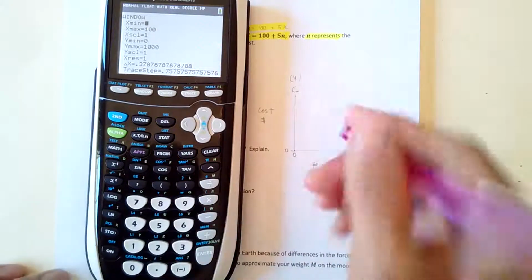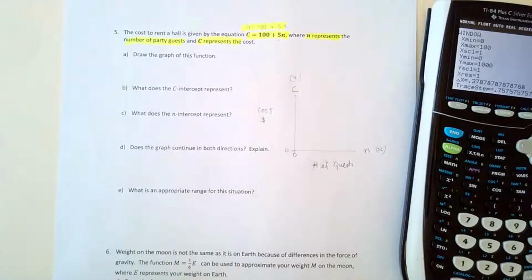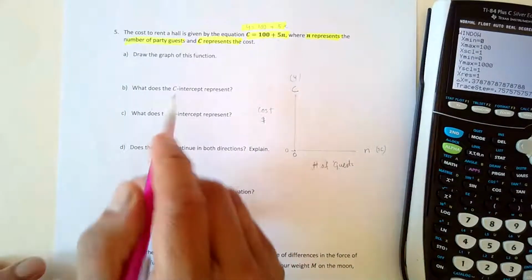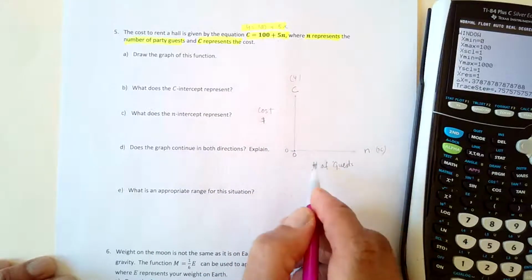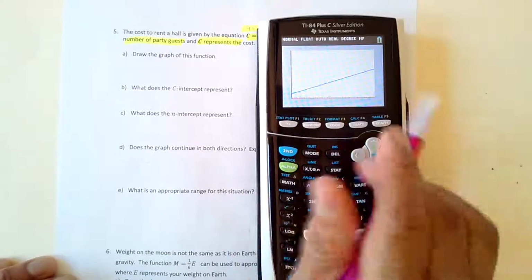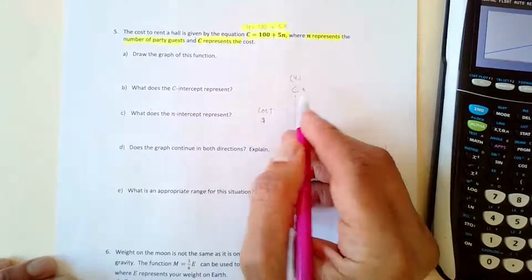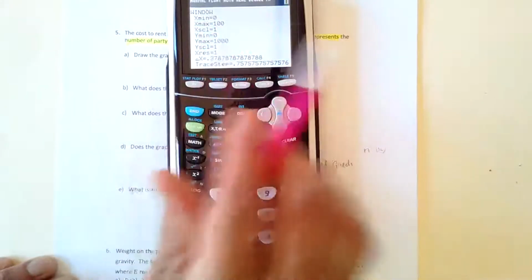So we have our cost here. So C represents cost. We're going to look back at the graph. So we label here as 0. Number of guests, so this can go on forever. Realistically in our window, we have 1,000 here, right?